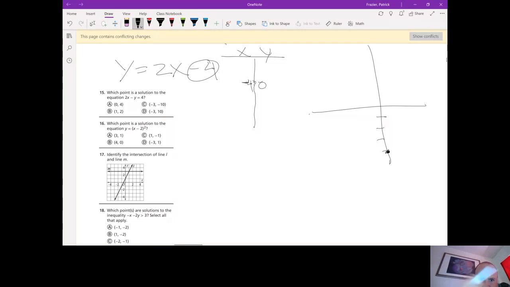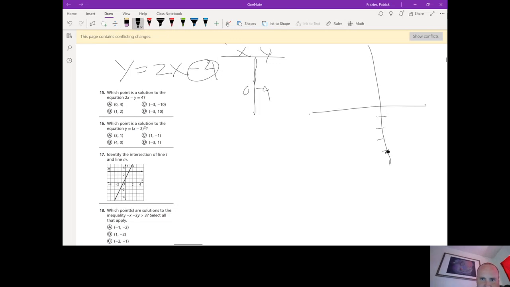And that also begs the question, what is the x-intercept? The y-intercept is the value when we substitute 0 for x. So we wrote that wrong. When x is 0, y equals negative 4. That makes more sense.